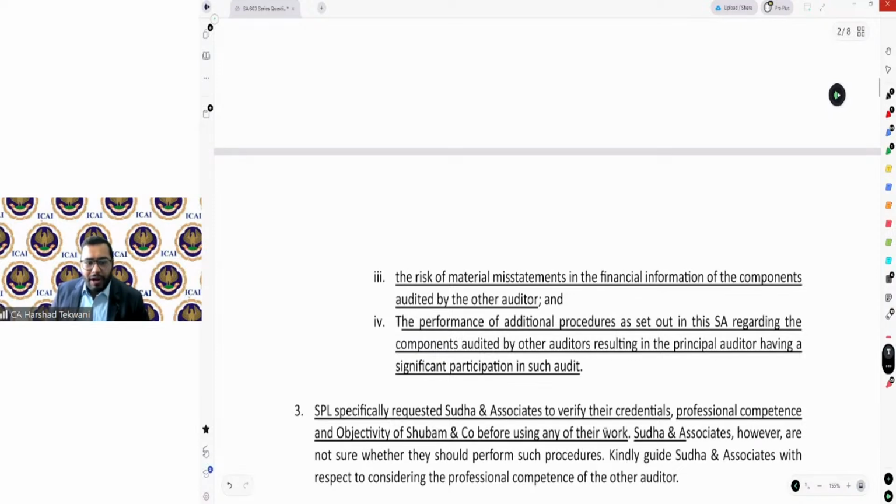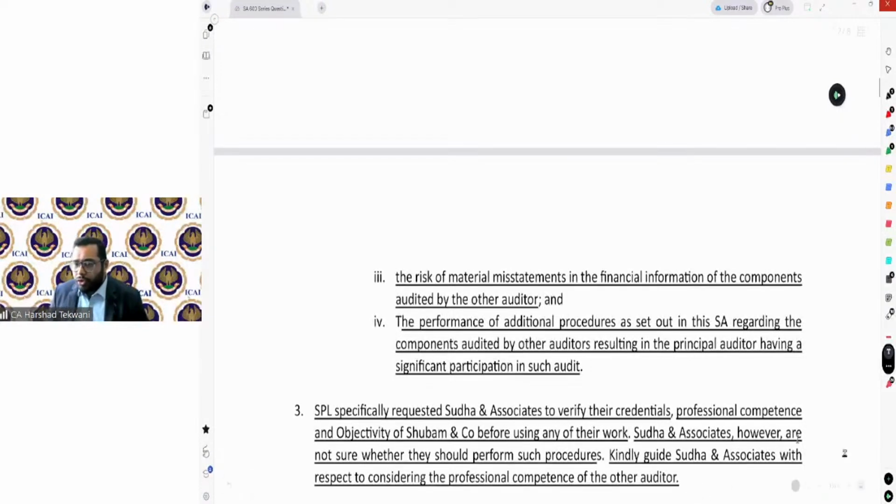Sudha and Associate, however, are not sure whether to perform such procedures or not. Kindly guide Sudha and Associate with respect to considering the professional competency of other auditors. So, what should they do if they want to consider the professional competency, credentials, and objectivity of other auditors?